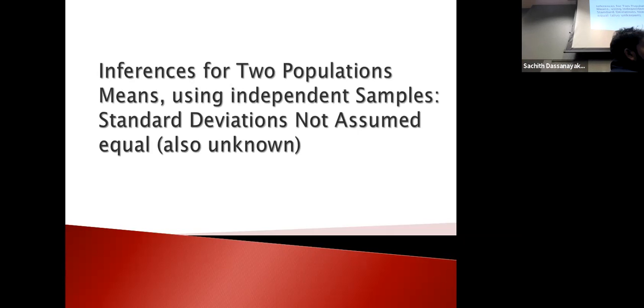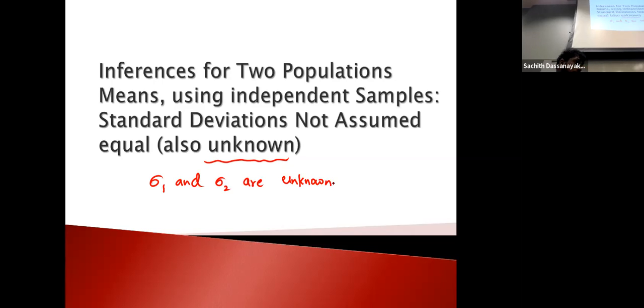The situation is a little bit different. Now standard deviations are not equal, and also we don't know the value of the standard deviation. So sigma 1 and sigma 2 are unknown.